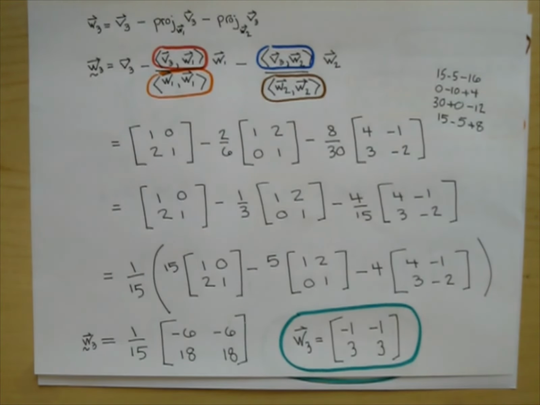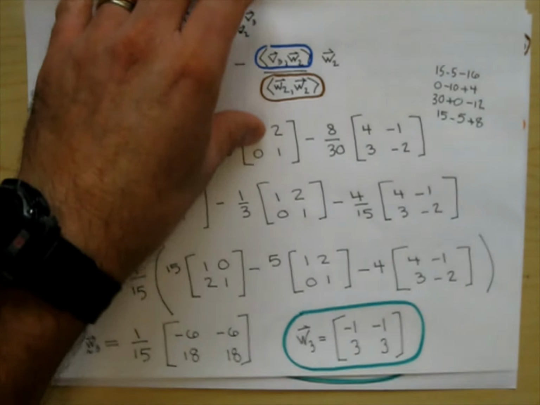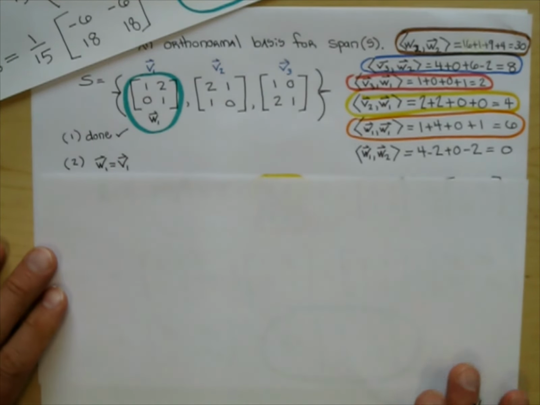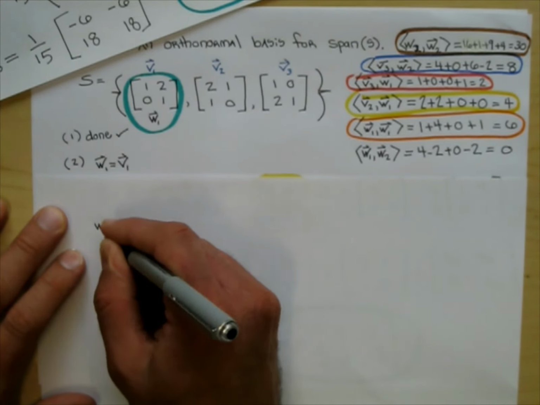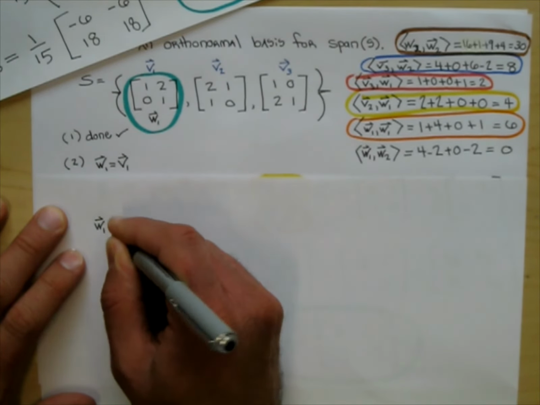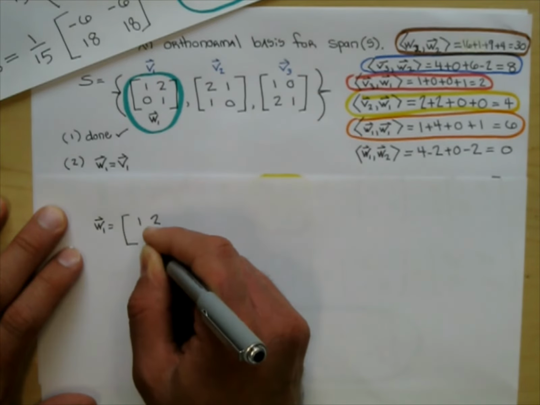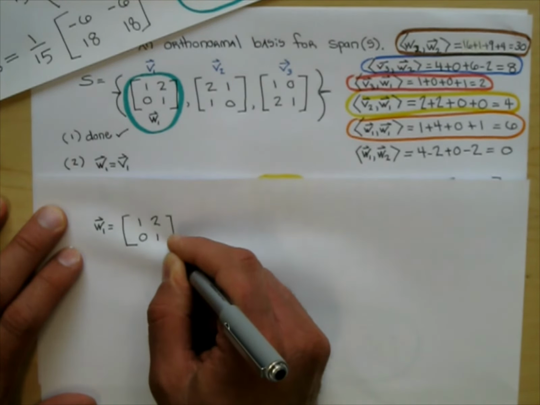Okay, I think I'm going to need another piece of paper. So remember when we did this, this was step 2. Now we have, I'll just write them down to summarize. W1 is 1, 2, 0, 1.